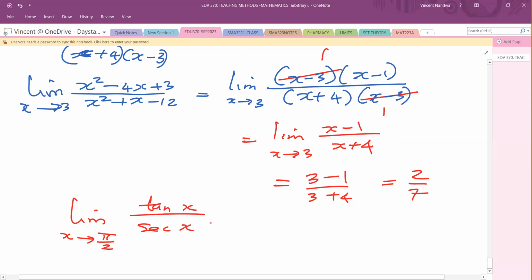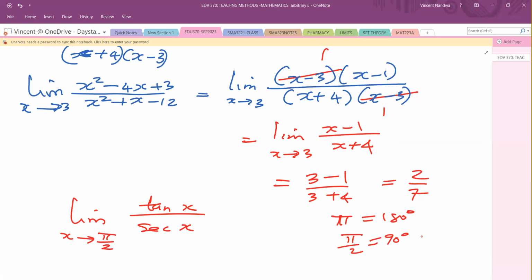Yeah, so let's see how we discuss it. I was explaining that when you are dealing with trigonometric functions, pi inamaanisha 180 degrees. Sasa mtu akisema pi over 2 inamaanisha 180 degrees divided by 2 ni 90 degrees. Sawa? Sasa hebu jaribu kuweka what is tan 90 degrees?